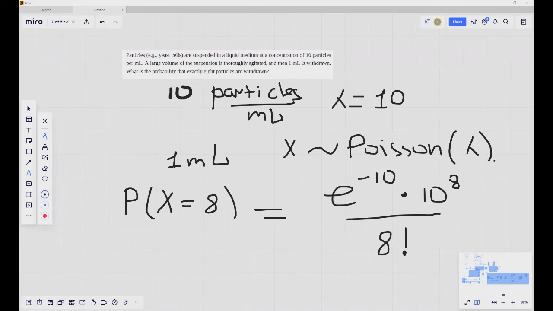And that expression is approximately equal to 0.11. So the probability that my liquid has exactly 8 particles is 11%.